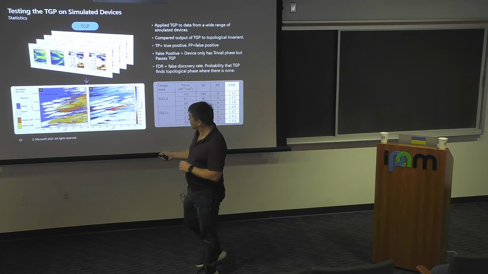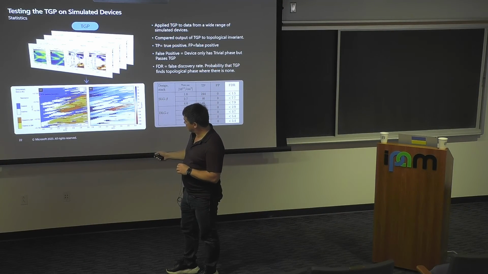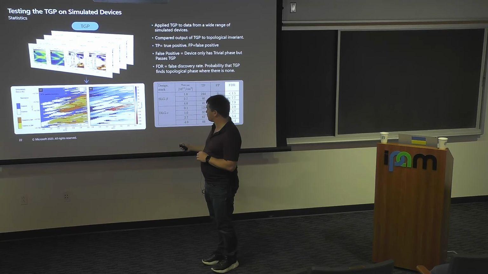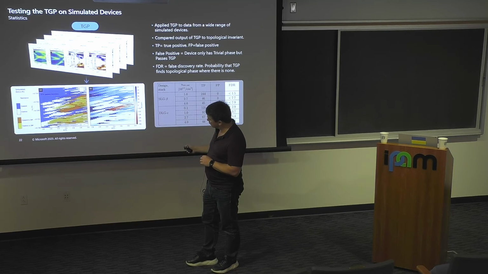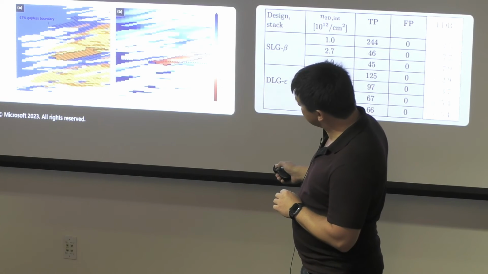So you see here, there are regions, and maybe it's more visible on this plot, where we go from gap to gapless phase, right? But there are also regions that go from gap to gap phase.